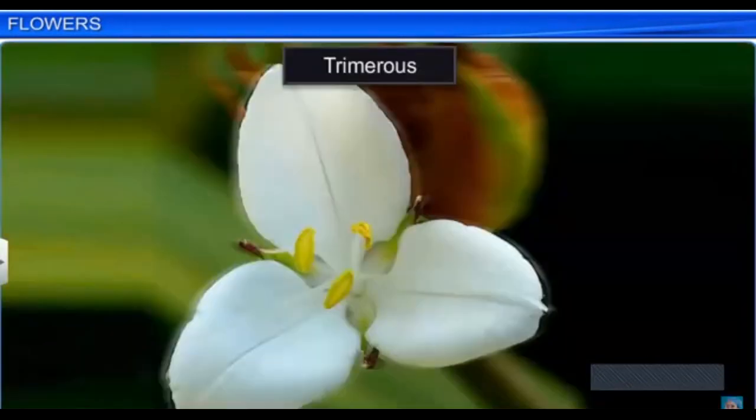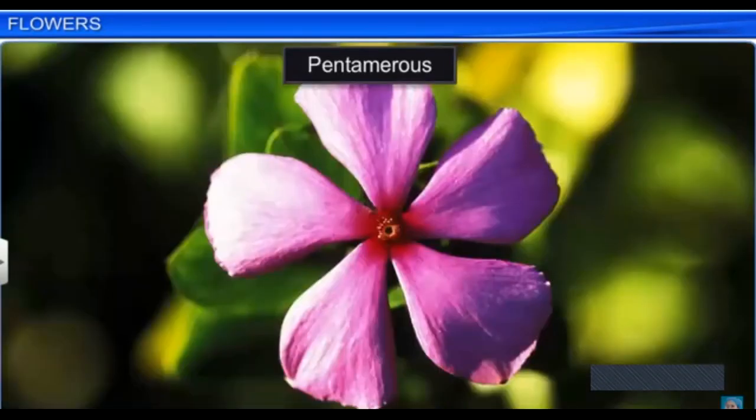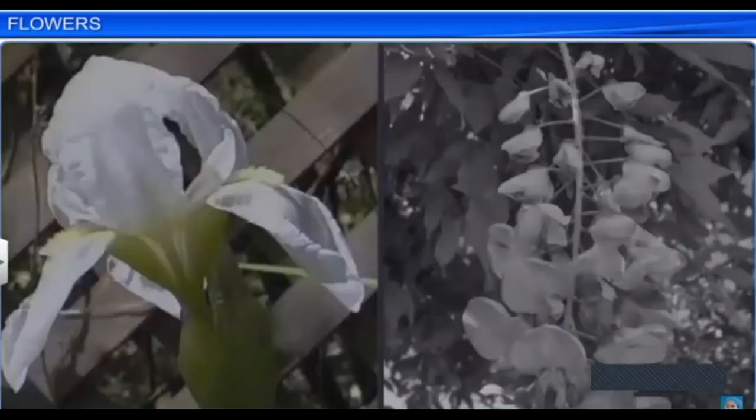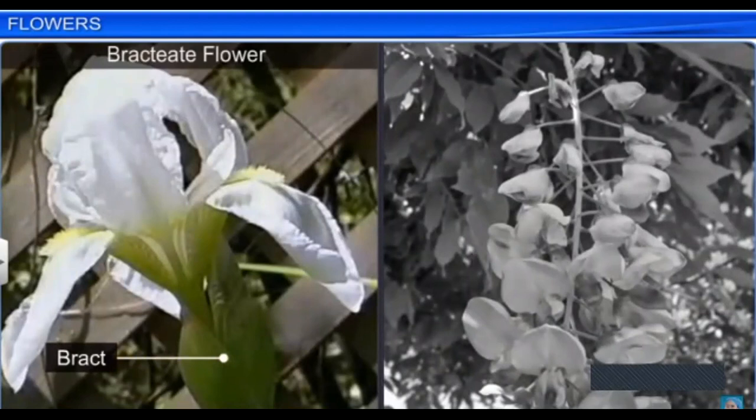Trimerous flowers have flowering parts in sets of 3, while tetramerous flowers have them in sets of 4 and pentamerous flowers in sets of 5. Some flowers have reduced leaves at the base of the thalamus known as bracts and are commonly called bracteates. These bracts are absent in some flowers known as ebracteates.